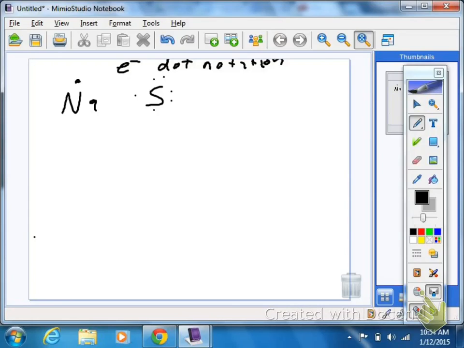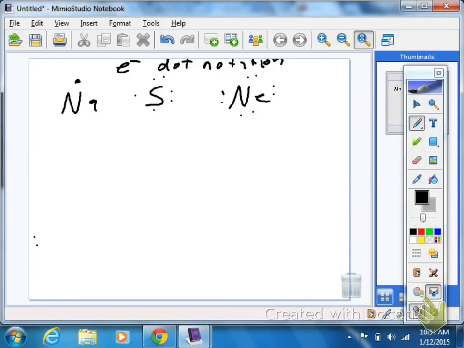Okay? And if you notice when you get to the very end, neon, for example, it has 8. And we call that an octet of electrons. Okay? So it has an octet of electrons. What we're going to do is we're going to show structures to begin with that obey the octet rule.